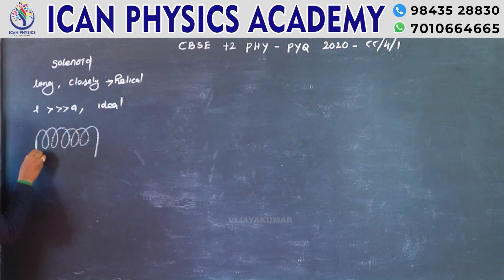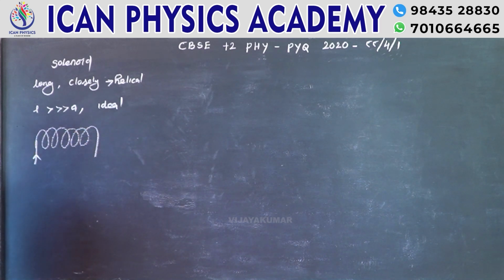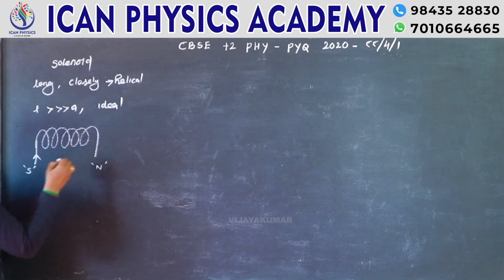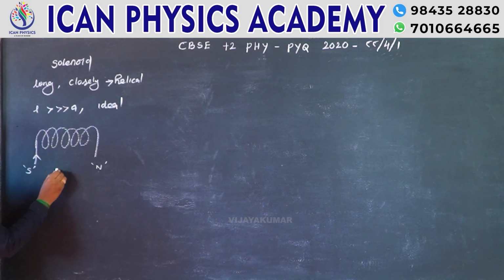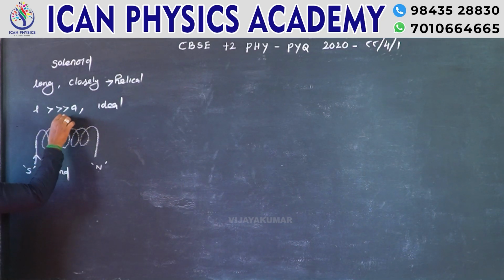Okay. So, when the current flows through the solenoid, then the nearer end acts as the south pole and the further end acts as the north pole, and it is given by the end rule. Okay. So, it acts as a bar magnet. Outside the coil, the magnetic field is 0.